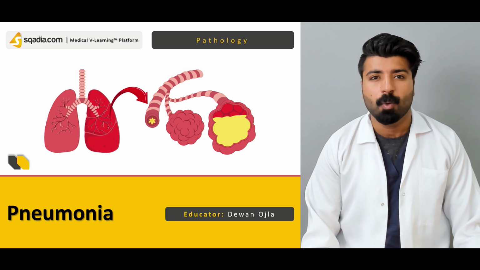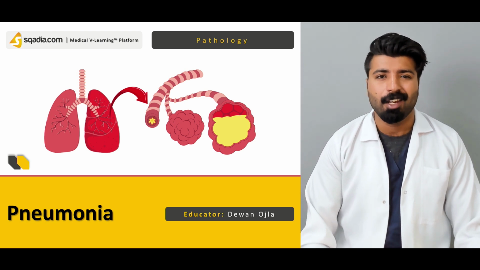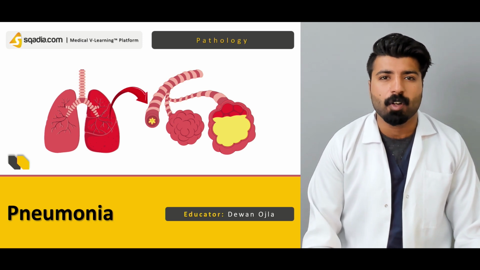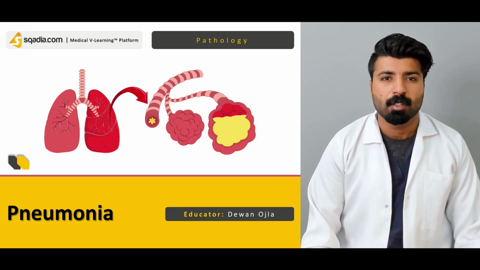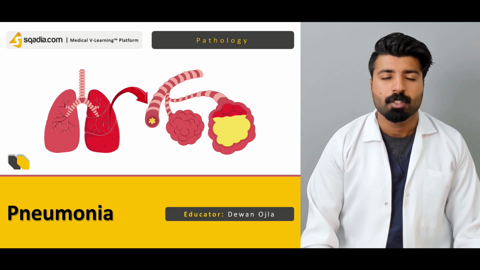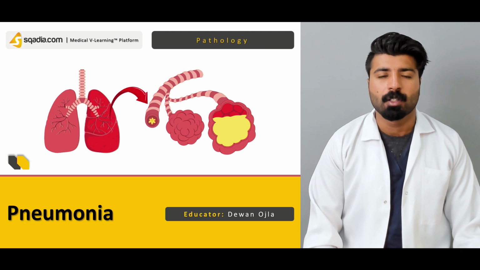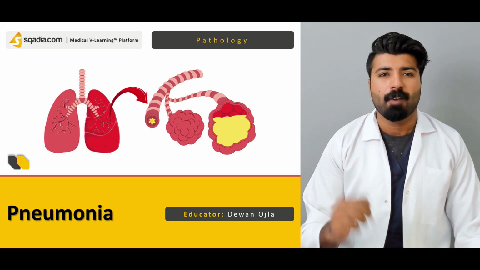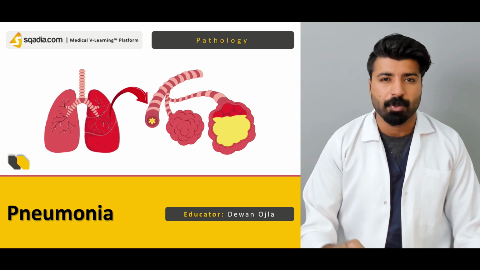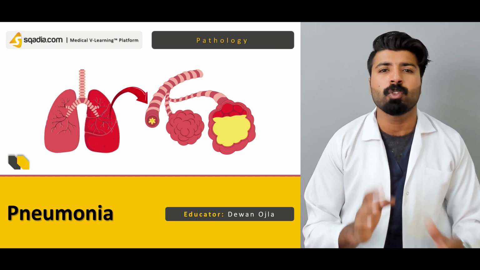On the other hand, we have atypical pneumonias. Atypical pneumonias are caused by viruses, by pyogenic bacterium, or by anaerobic organisms. So what happens in atypical pneumonia? A virus or some pyogenic bacterium gets in, but it does not go to the alveolar level.